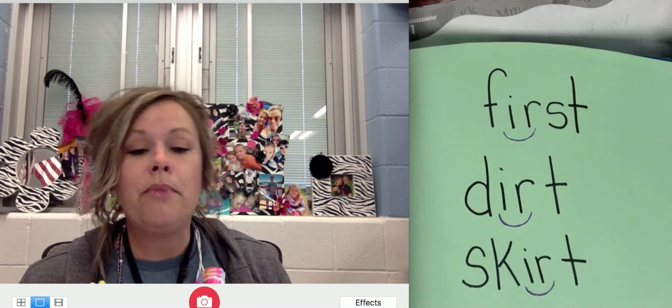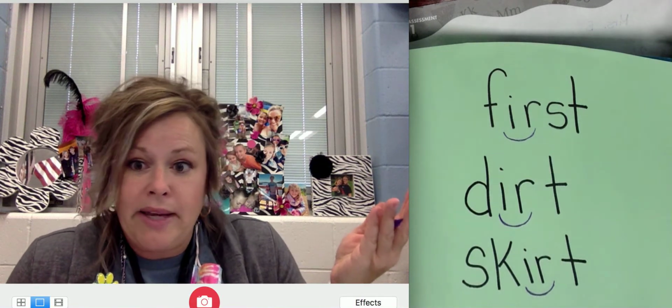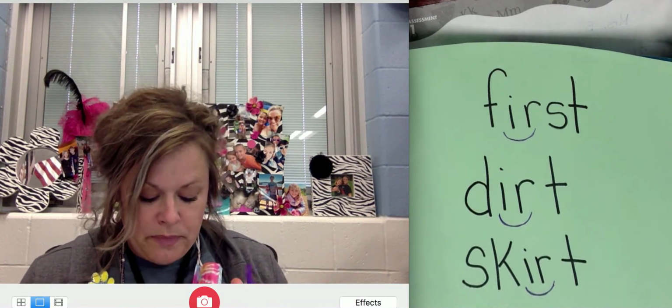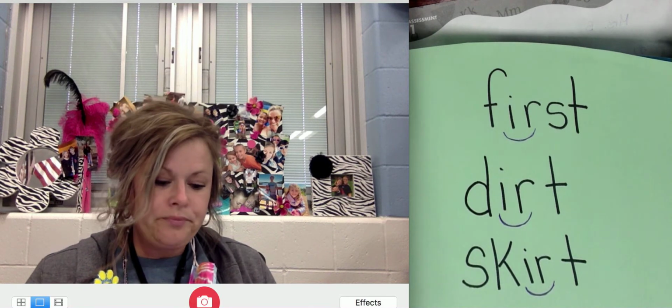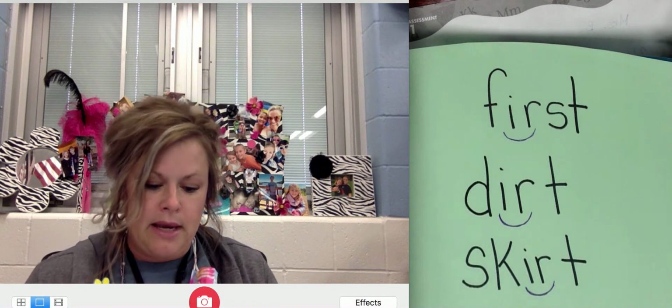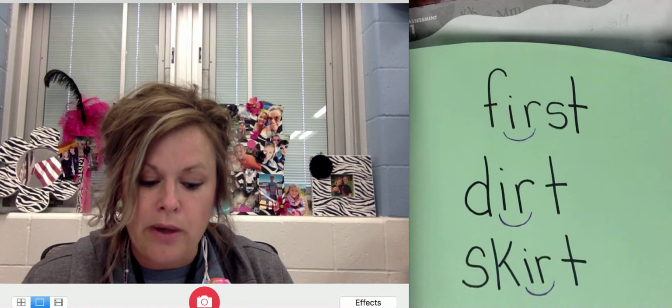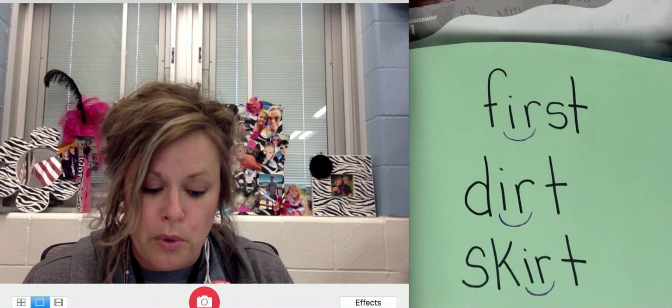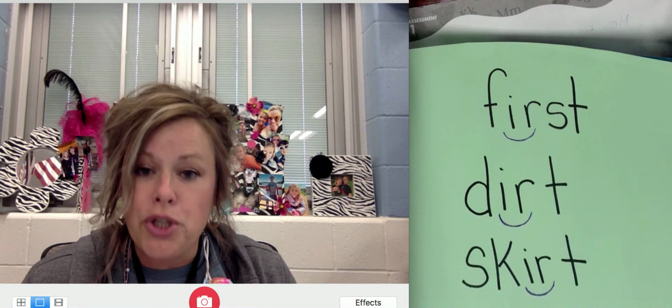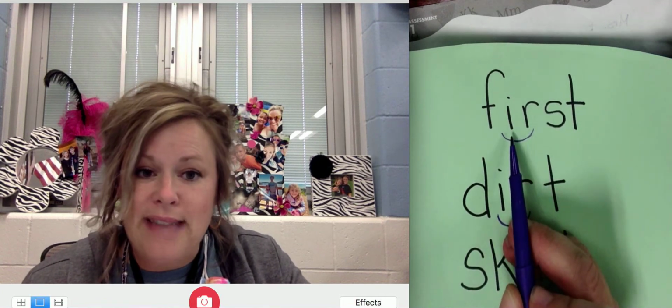So I already told you that it is a combination. A combination, if you remember from yesterday, is 2 letters that make an unexpected sound. And the IR combination, I just want to remind you a little bit, it has a bossy R in it. Teachers call it a bossy R or an R control. The bossy R changes the way the vowel sounds.